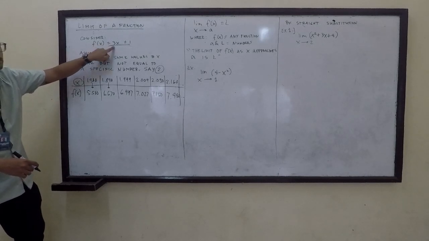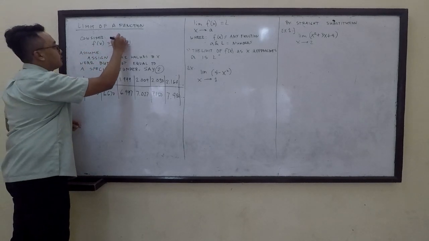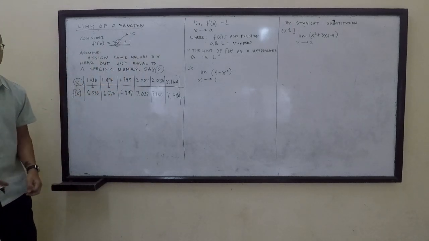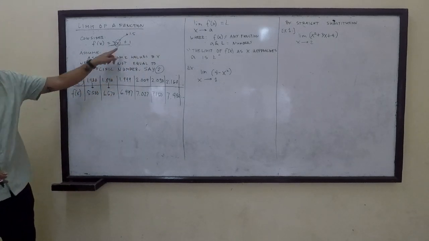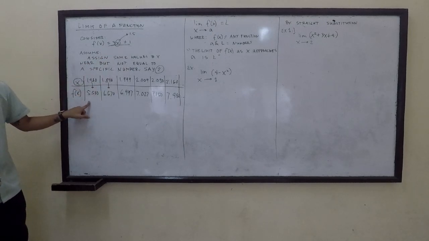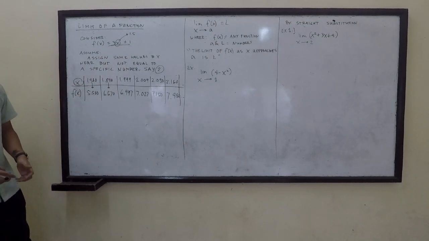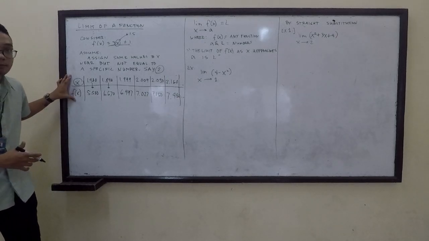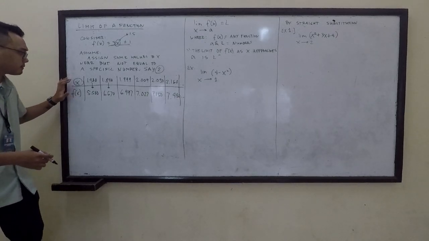So 3 times x, which is 1.5, is equal to 4.5, then plus 1, which is 5.5. So that is the whole idea of the table for limits.